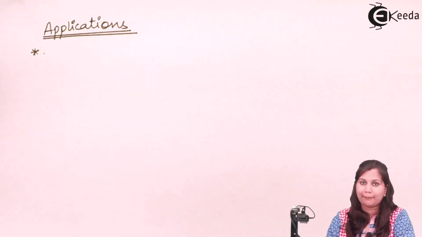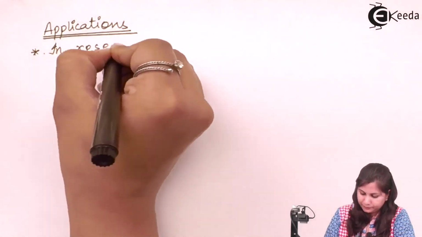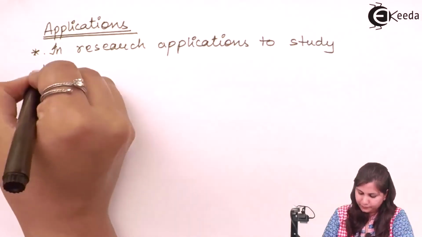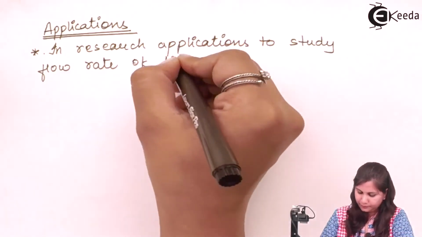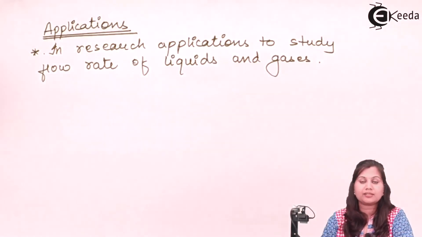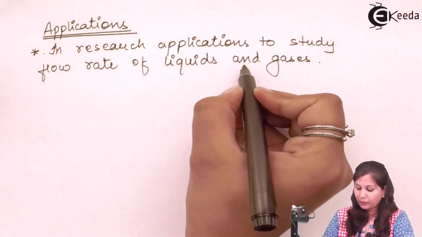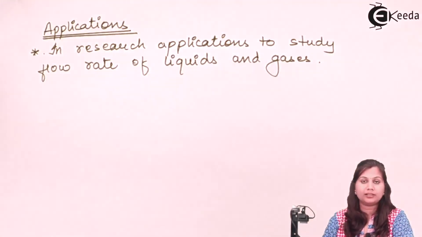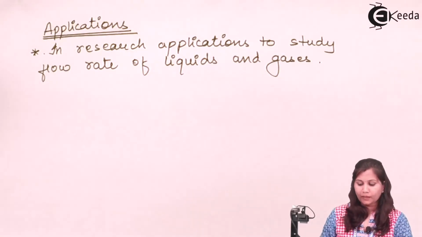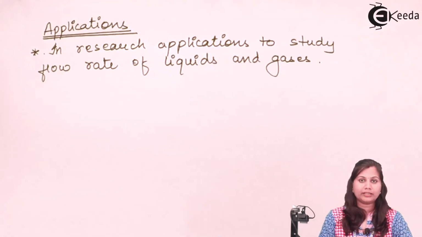It is used for flow rate measurements of liquids as well as gases, and as I have said earlier, it is most probably used in research applications. In research applications, it is used to study the flow rate of liquids and gases which is rapidly changing. Okay. So these were the applications of the anemometer.